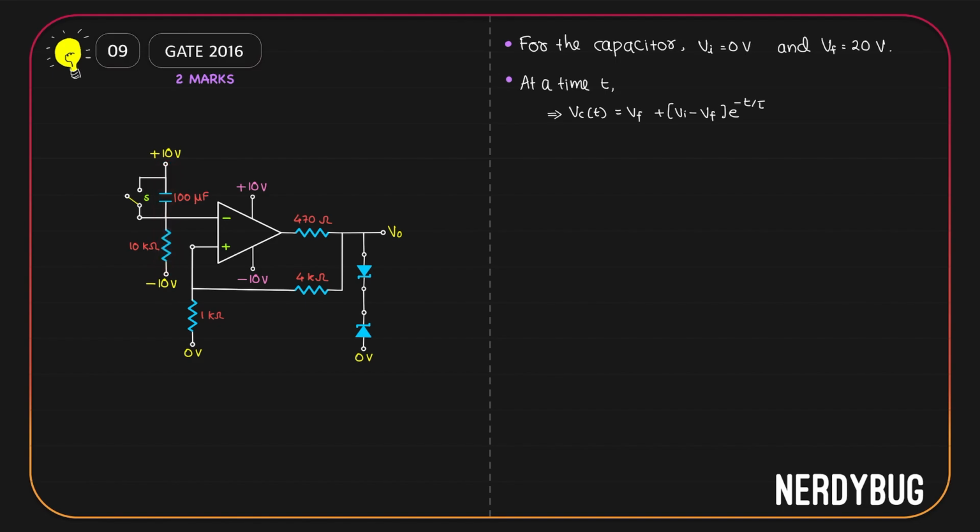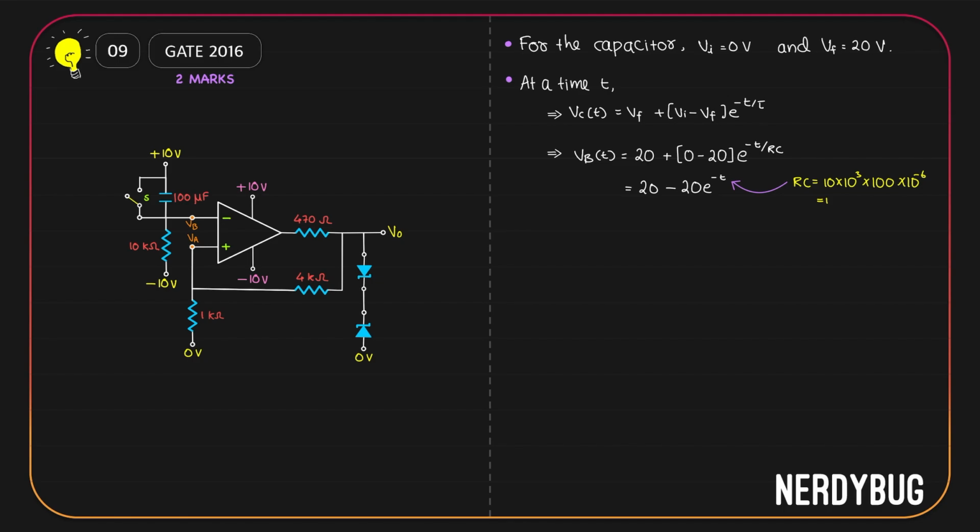So to find RC, we have to multiply 10 kilo ohm with 100 microfarad, which basically is 1. Also, Vf is 20 volt, Vi is 0 volt. Let us give the values. We get 20 plus 0 minus 20 e to the power minus t by RC. Just like we said, RC is 1. So we get 20 minus 20 e to the power minus t.